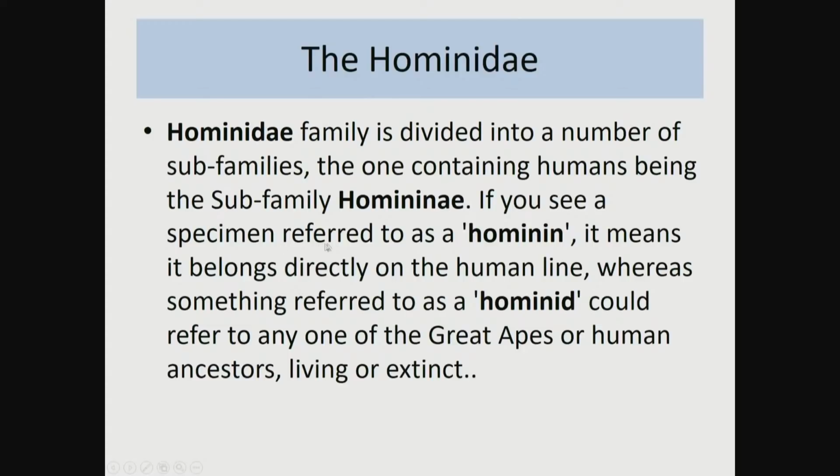If you see a species referred to as a hominin, it means it belongs directly to the human line, whereas something referred to as a hominid could refer to any one of the great apes or humans. So hominid is humans and apes. Only hominin is humans, only humans.